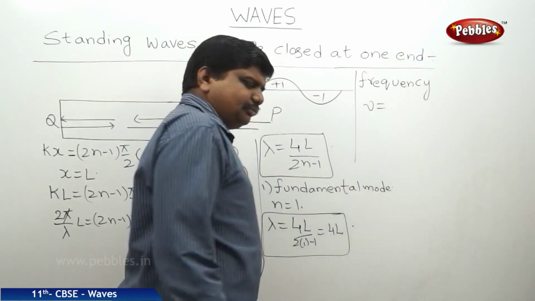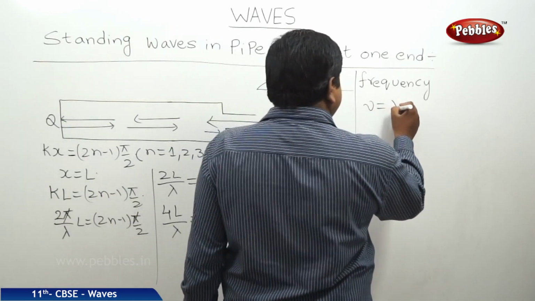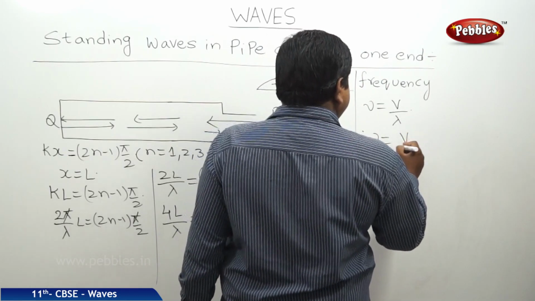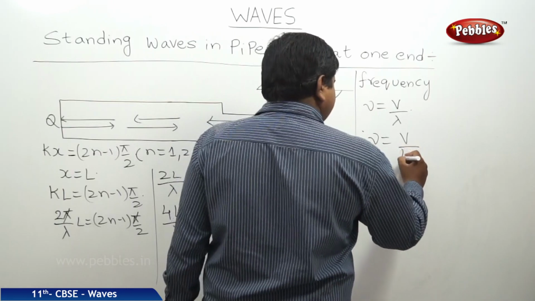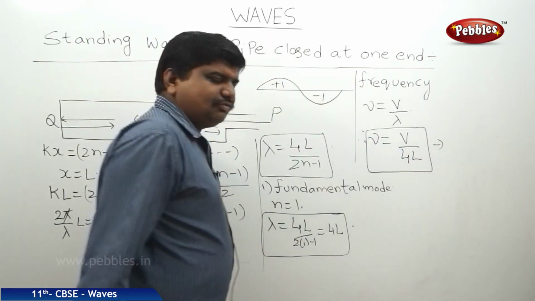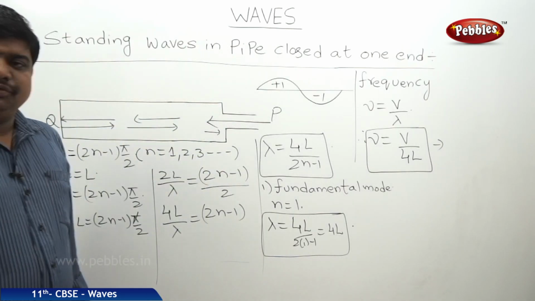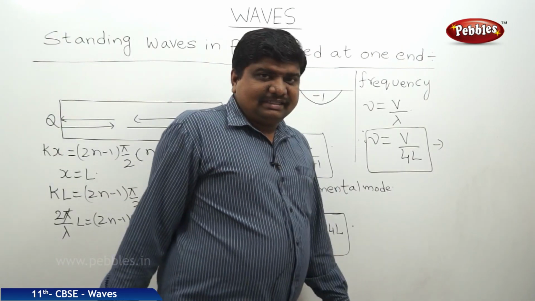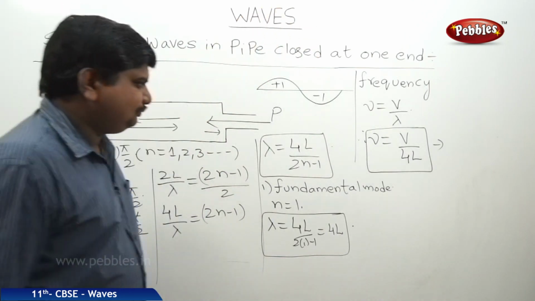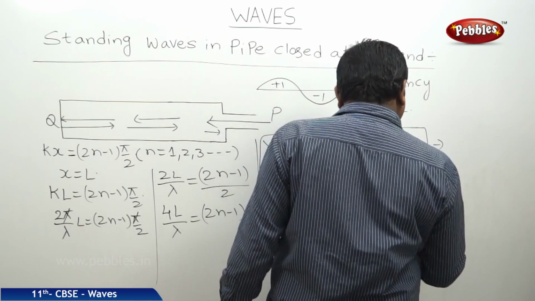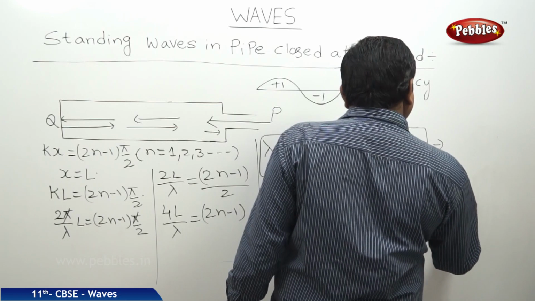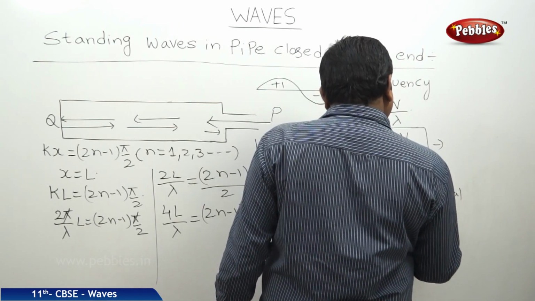Nu is equal to V by lambda. Therefore, nu is equal to V by 4L. This V by 4L is the fundamental frequency of an air column which is closed at one end.